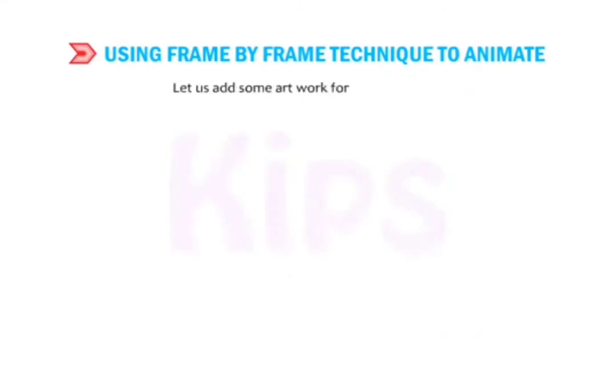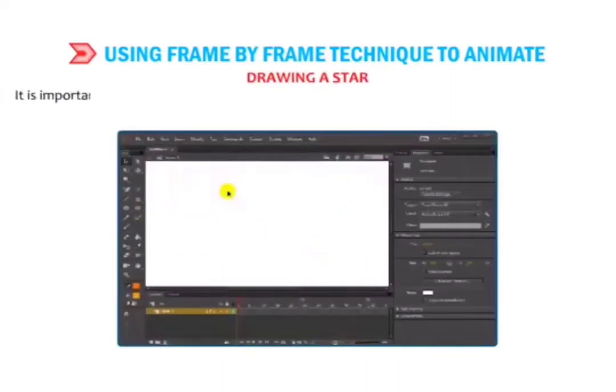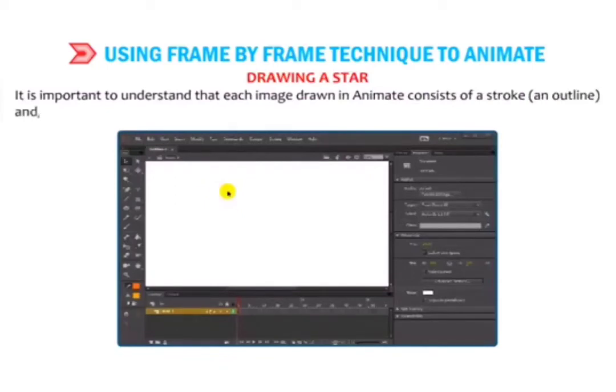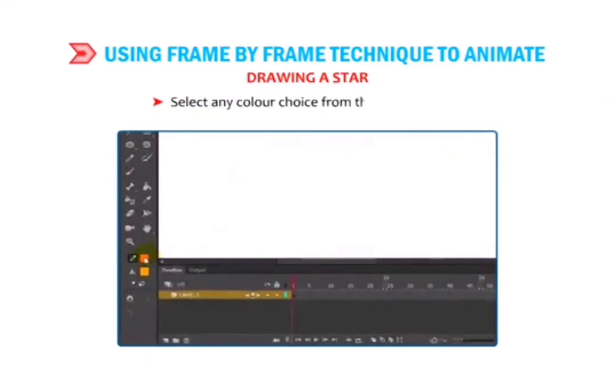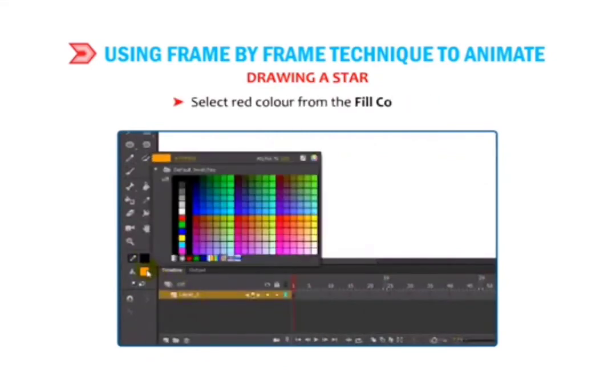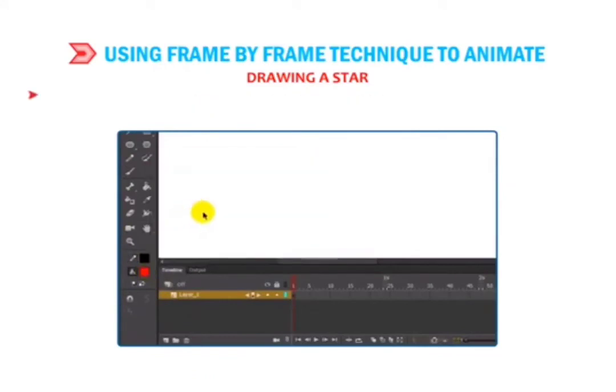Let us add some artwork for the document. Drawing a star, it is important to understand that each image drawn in Animate consists of stroke and fill. Select any color of your choice from the stroke color. It's on page 80. Select red color from the fill color box.